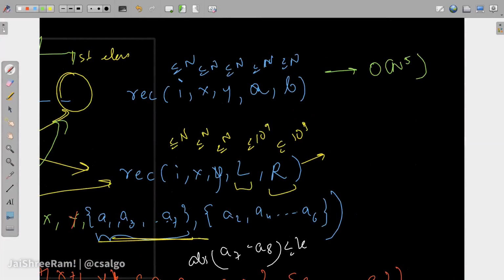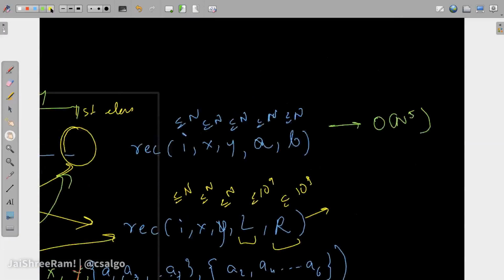From this particular state there will be just two transitions, for whichever is the next, the I plus 1st item, either it will be appended to this one or that one. Let me quickly explain what we will do. So from this we will have two transitions. Either we will go to recurrence of I plus 1, x plus 1. If I'm placing it at the front, of course I will check it with a, because a is the last element of the left. So let me write the recurrence.